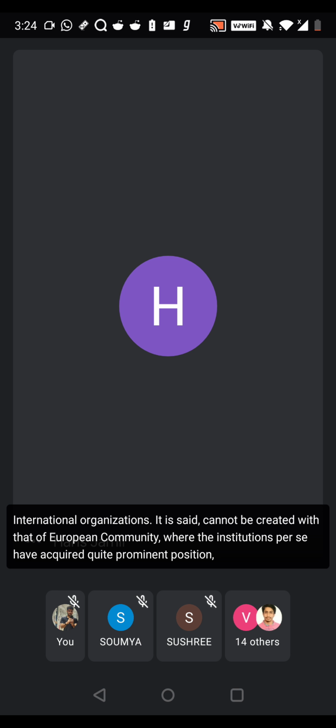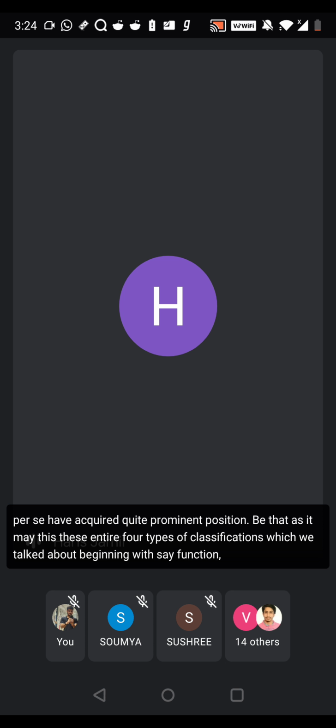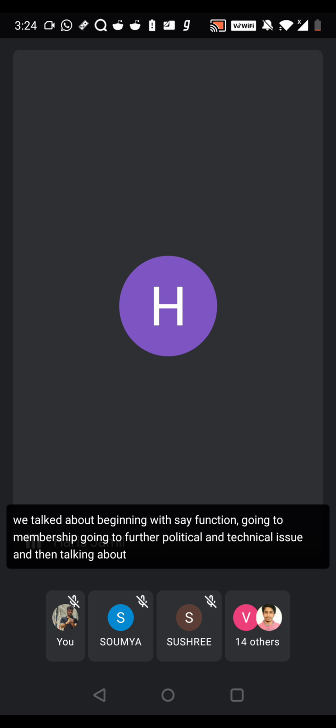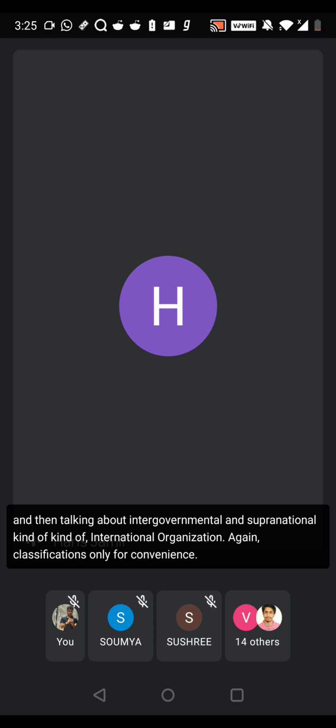Be that as it may, these four types of classifications which we talked about, beginning with, say, function, going to membership, going to further political and technical issues, and then talking about intergovernmental and supranational kinds of international organization, are again classifications only for convenience. These are not classifications which are embedded in the treaty itself.